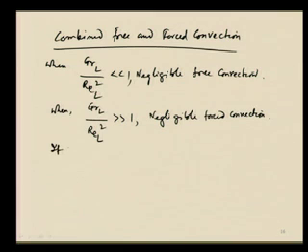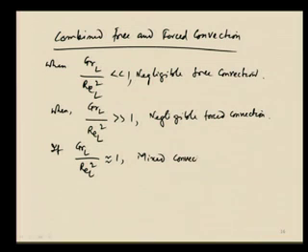And if Grashof L by Reynolds square is nearly equal to 1, then we can say that mixed convection is important.